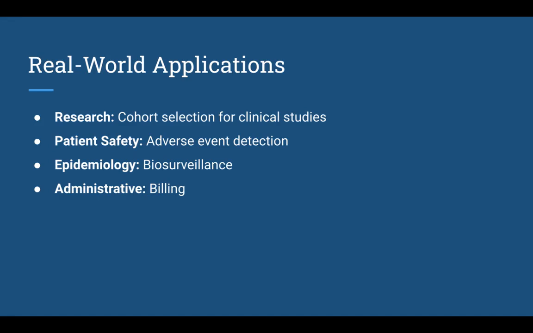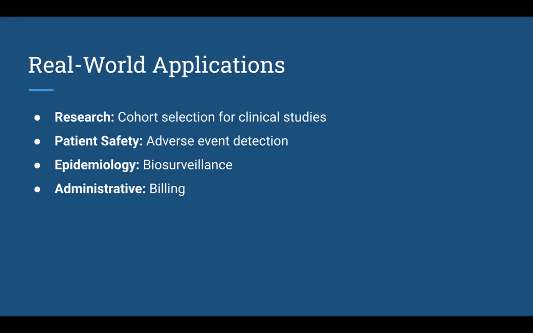Well, NLP can go through a patient chart, identify information about them, which may either meet or not meet the inclusion criteria for that study. For patient safety, this can be really important. We talked about patient safety way at the beginning of this class. NLP can be used to detect or measure adverse events, like when there's an overdose, like in the digital doctor, or when there's a side effect from a medication.